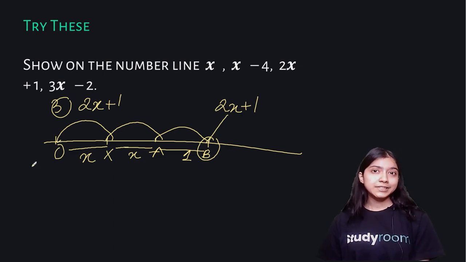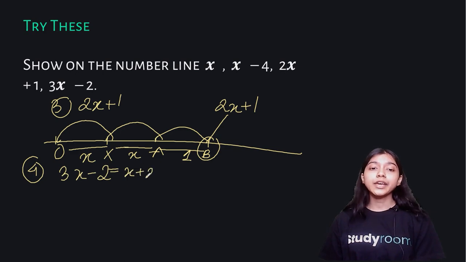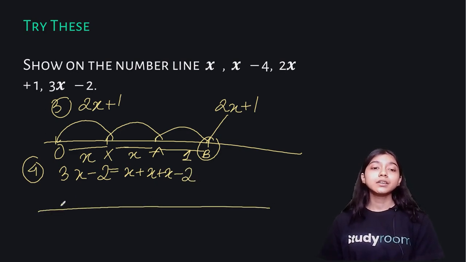Now let us take another example. The example number 4 we have is 3 times x minus 2. So this can also be written as x plus x plus x minus 2. Let us represent it on a number line. We'll draw a number line, take an initial point O, then take another point capital X, such that this distance from O to X is small x. We will take another point A towards the right of capital X, such that this XA distance is small x, and then take another point B, such that this distance AB is also small x.